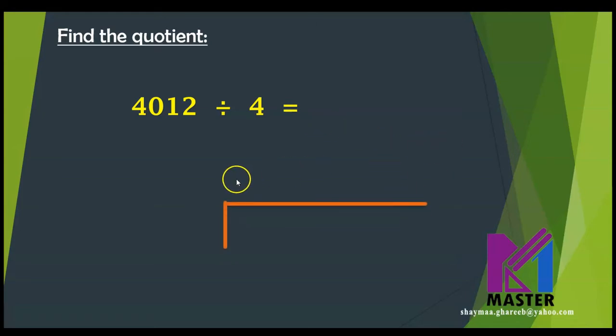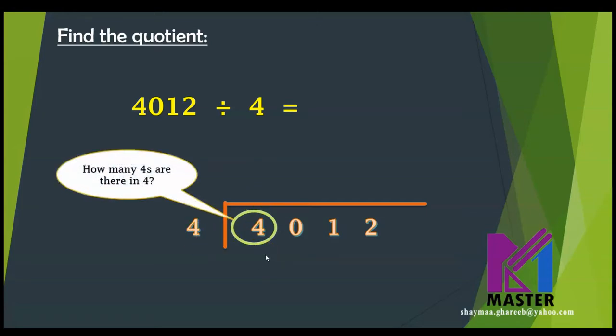I will write the division sign, then I will write the 4012 under the division sign and the 4 on the left side. The first digit is 4. 4 divided by 4 equals 1. How many 4's are there in the 4? Only 1 4, which means the remainder is 0 with no remainder.